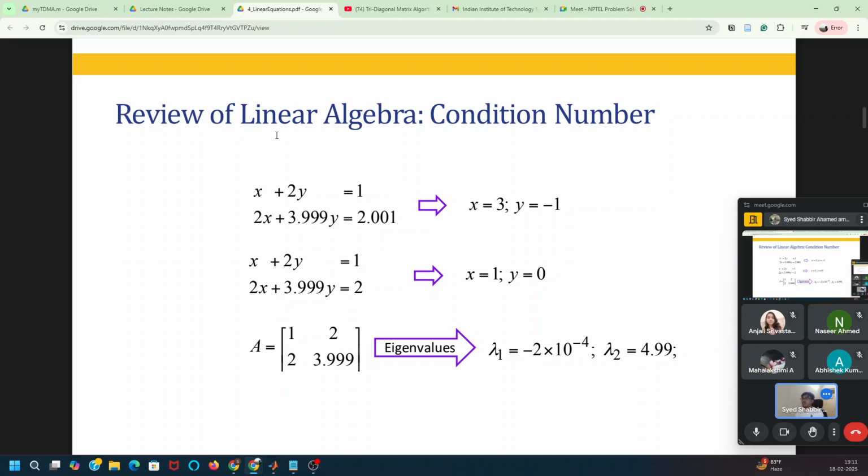Let's say you have a 100 cross 100 matrix, or a 1000 cross 1000 matrix. If you want to compute the inverse of that matrix, it becomes very computationally inefficient for the computer.